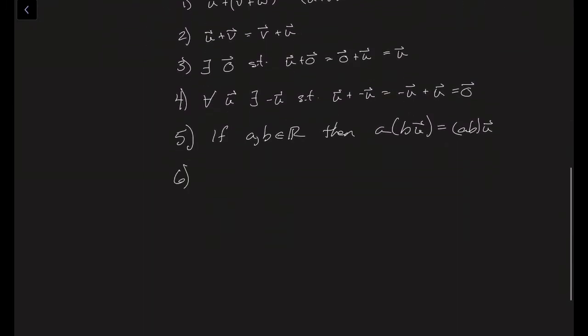The identity element in our field works the exact same way it would normally. So 1 times a vector is the vector, and the vectors distribute with scalars. So a times (u plus v) is au plus av, and for two real numbers a and b, (a plus b)v is av plus bv.